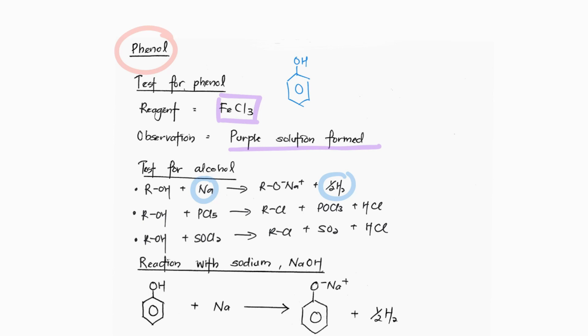We could also make use of PCl5 and SOCl2 to find alcohol. Alcohol reacts with them and HCl is formed. HCl will give us steamy white fumes.